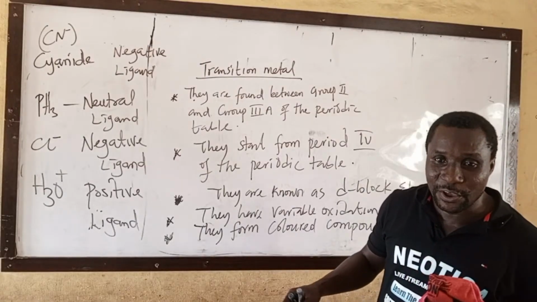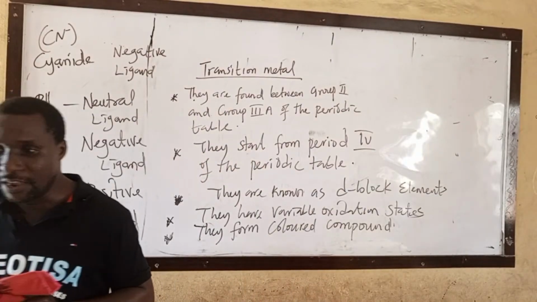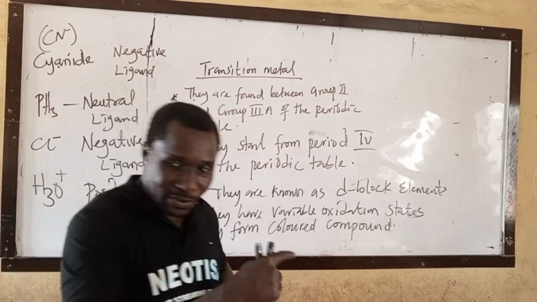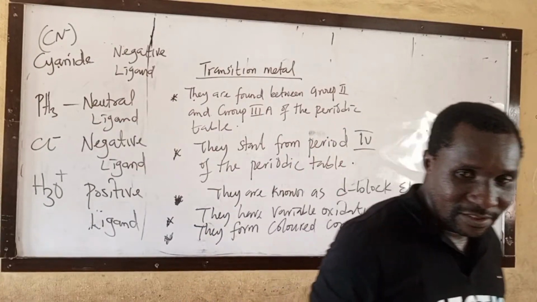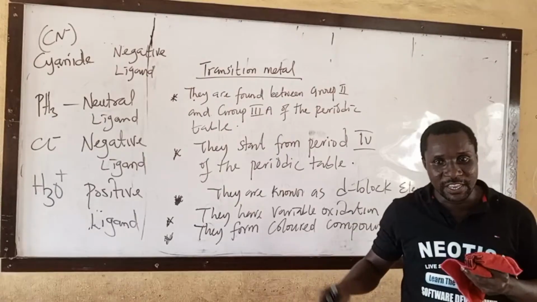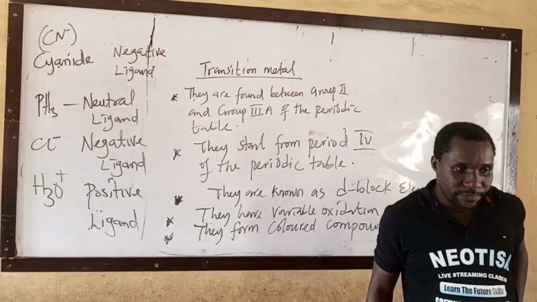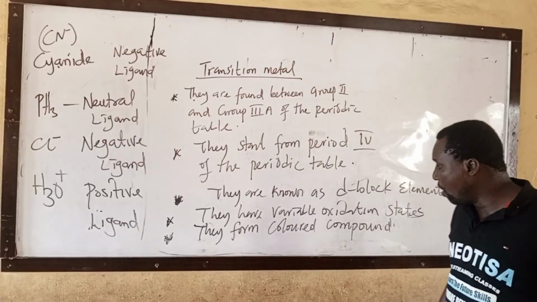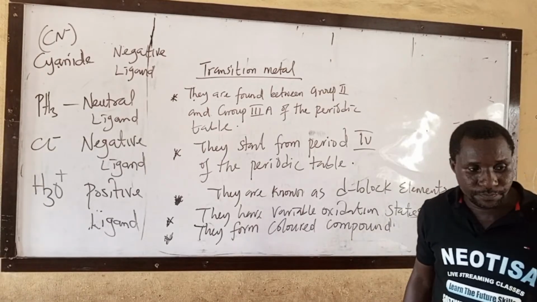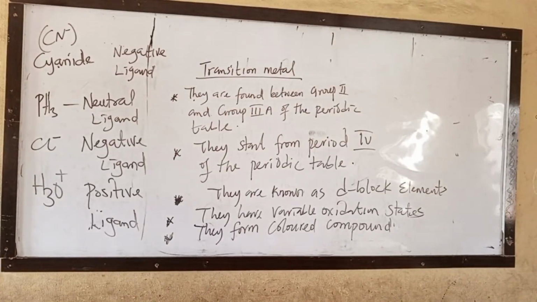There are some that are ferromagnetic. Copper, iron, nickel, they are ferromagnetic. That is physics. Don't let us go to that. Take note of that.